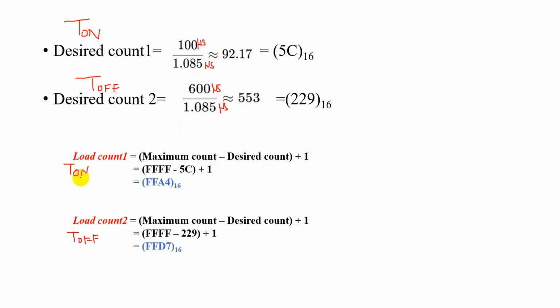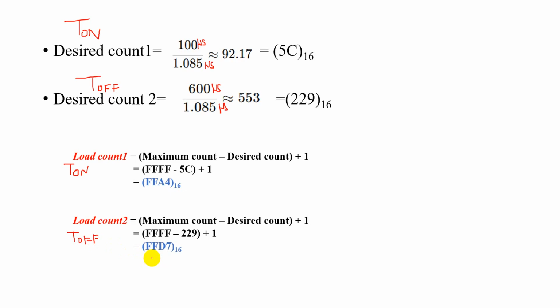So we get the timer on value FFA4. The count goes from FFA4 to FFFF, so it takes 100 microseconds. Like that, for timer off, the count goes from FFD7 to FFFF, so it takes 600 microseconds to count this value.